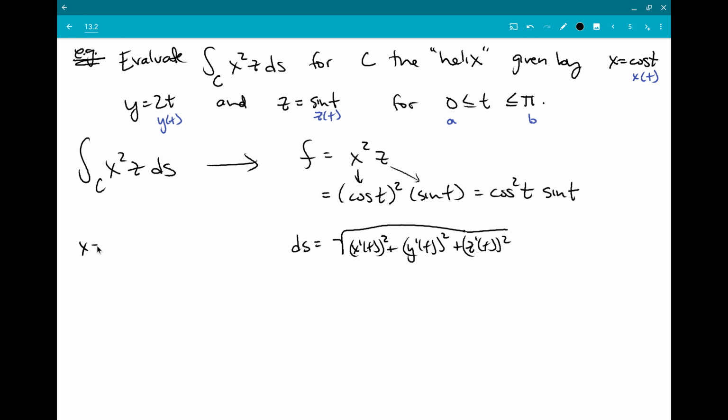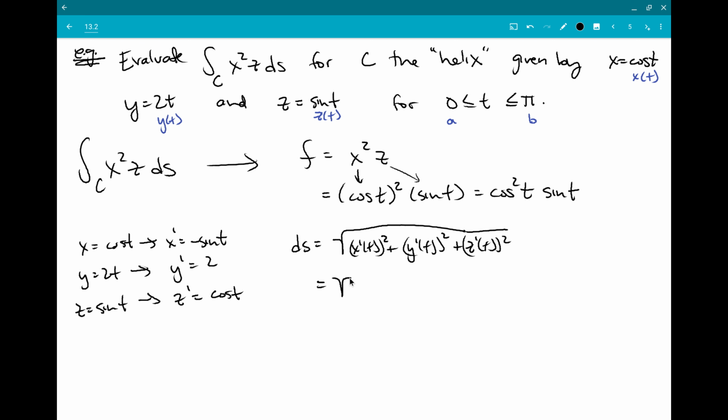So if I have x equal cosine t, I know that x prime is minus sine t. If I have y equal 2t, I know that y prime is 2. And if I have z equals sine t, then I know that z prime is cosine t.